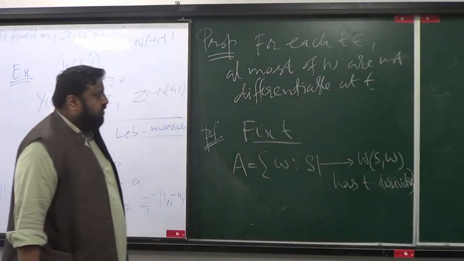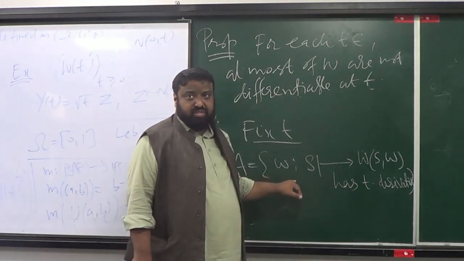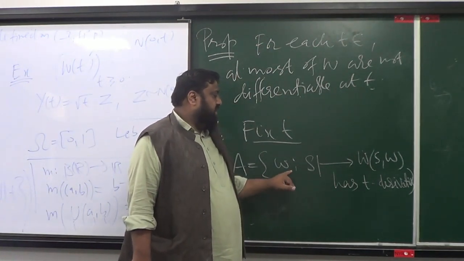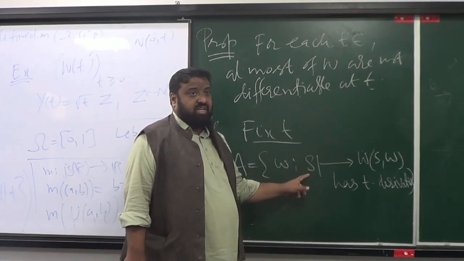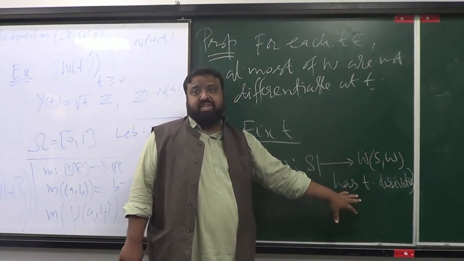So it's a collection of the omegas for which a path of the Brownian motion, at an instant s, has a derivative.